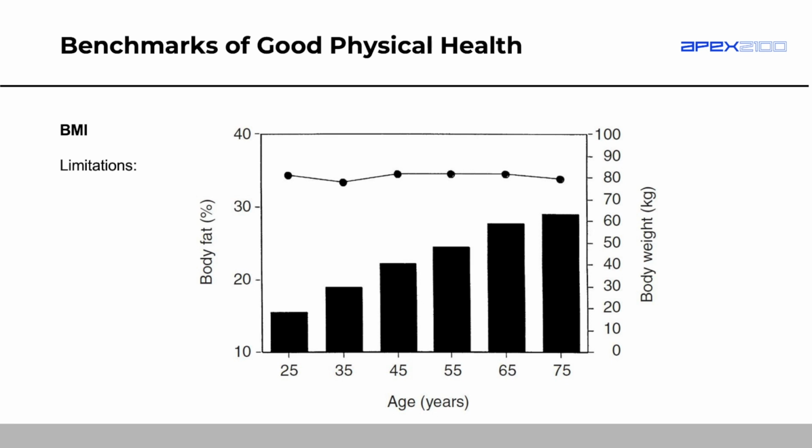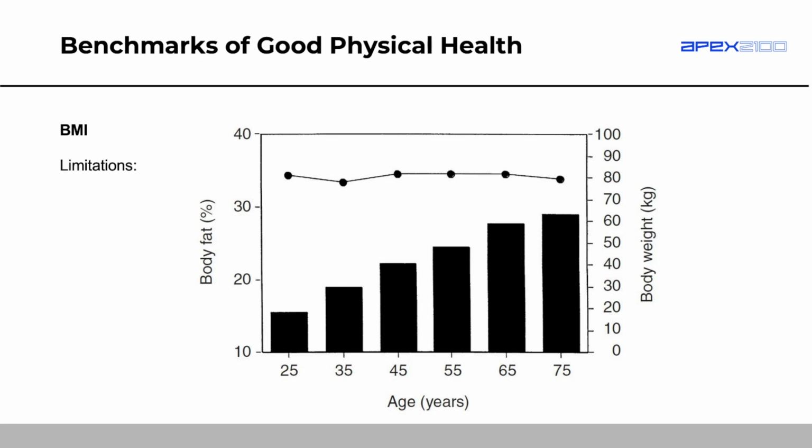So for example here, I know this is a little bit of a confusing graph when you first look at it, but let's talk through it. We've got age along the x-axis. So we've got multiple groups of people of different ages. We have weight. So look at the body weight up the right-hand side. Body weight refers to the dotted line at the top. So you can see at all the different ages, these people are pretty much all 80 kilograms. All right, so the dotted line at 80 kilograms.